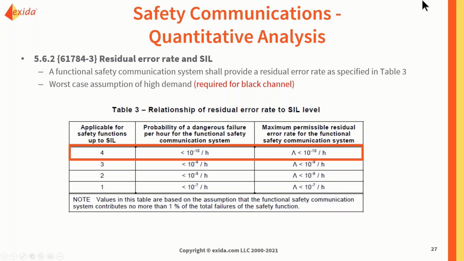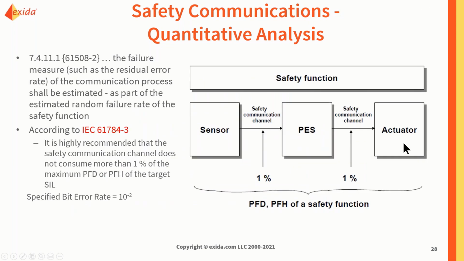And other than that, for that particular channel, according to IEC 61784, which is Industrial Communication Protocol for Functional Safety, they also recommend that the safety communication channel does not account for more than 1% of the whole PFD average of the whole safety function.